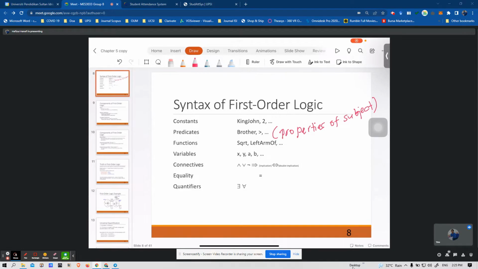When you define the property of the subject, you need to define the relationship which binds two atoms together. And then we have variables, and then we have connectives: implication, double implication, and then we have equality.